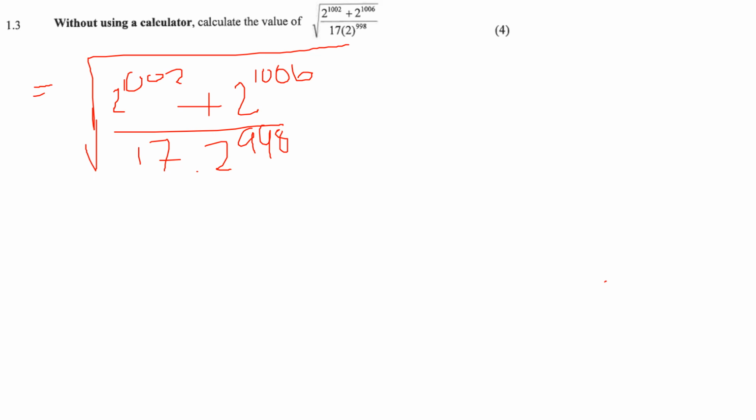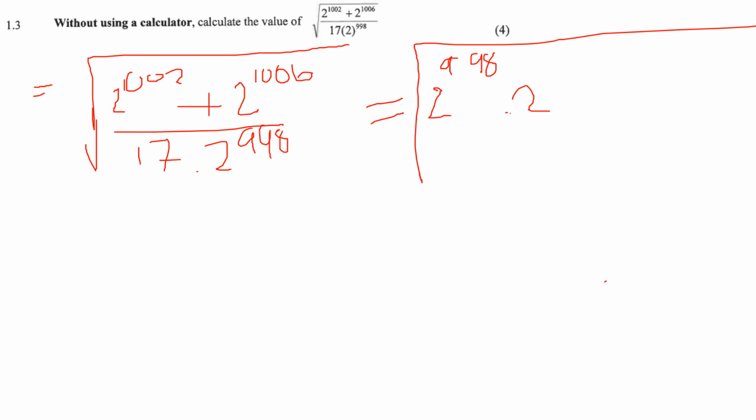So basically here we will want to convert these numbers at the top here, they must have the same exponent as the number that is at the bottom here. So we're going to say 2 to the power of 998 multiplied, okay, there is a square root here, multiplied by 2.